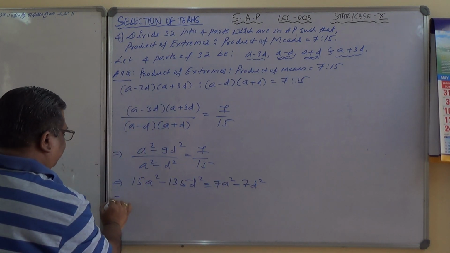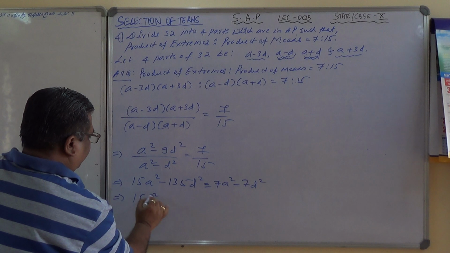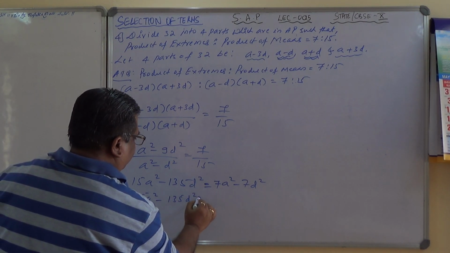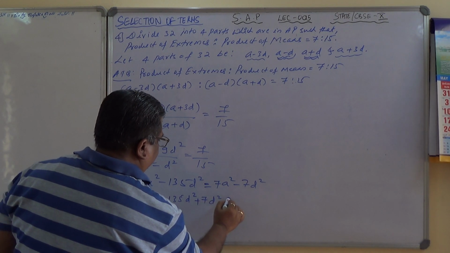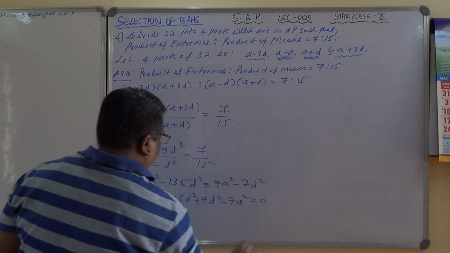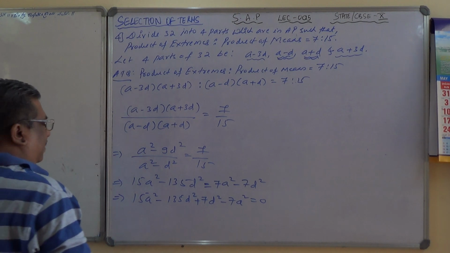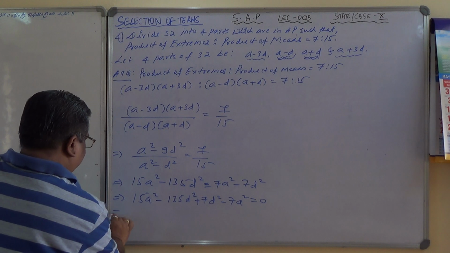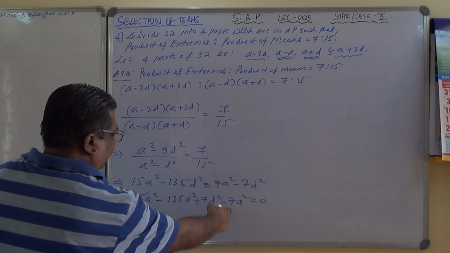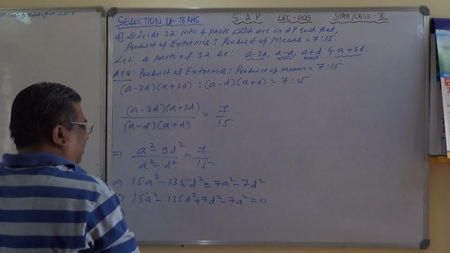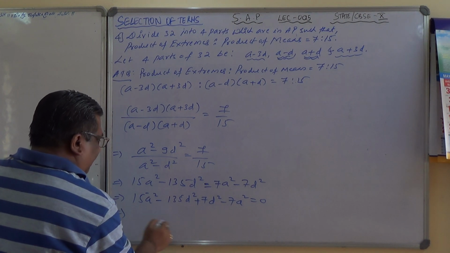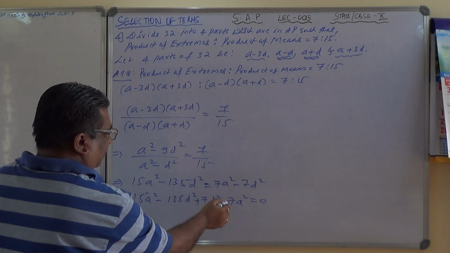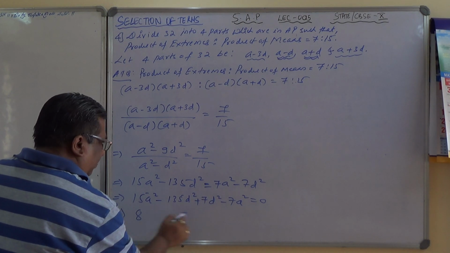Everything bring this side, equals 0. So what do you get here? 15A square minus 7A square is 8A square.